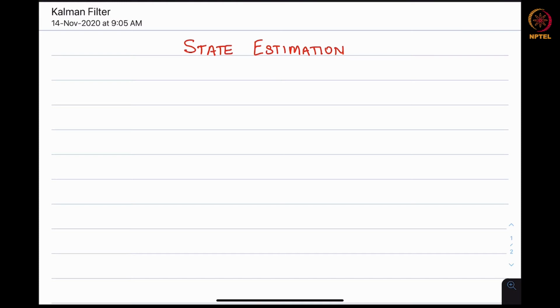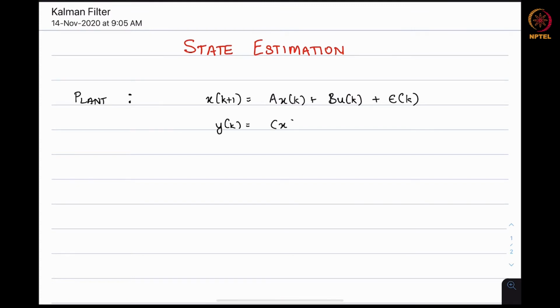Okay, so let's go over the few definitions that we did in the previous lecture. x k plus 1 equal to a x k plus b u k plus epsilon k, and y k equal to c x k plus nu k. Okay, so this is the plant.